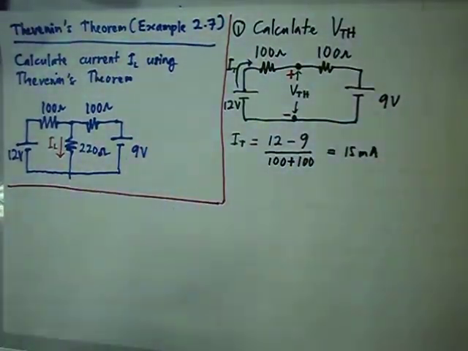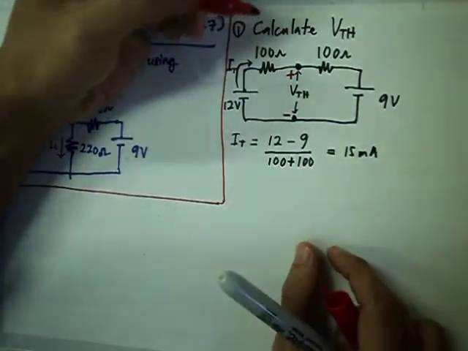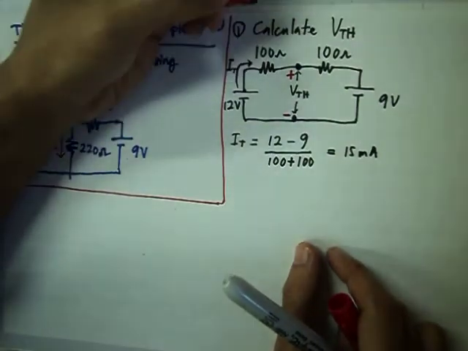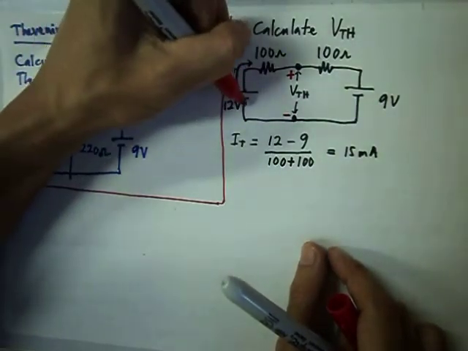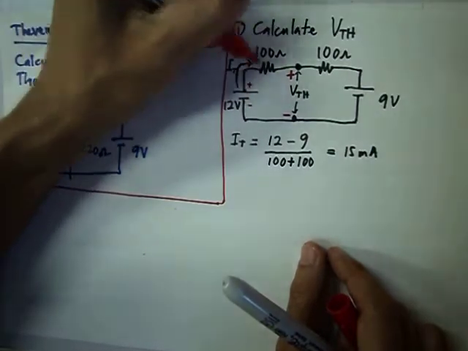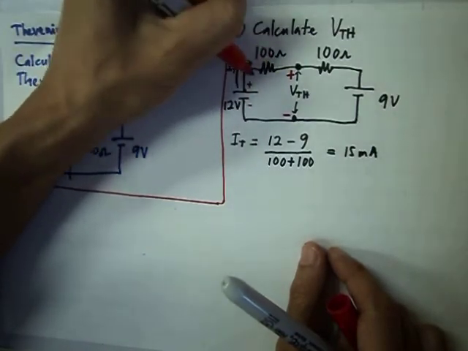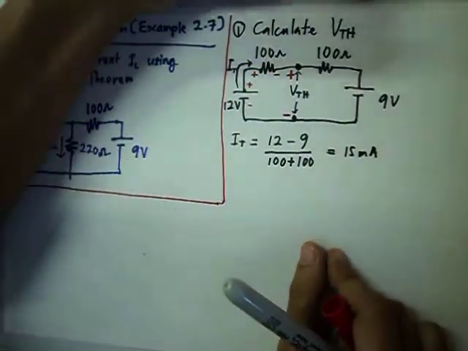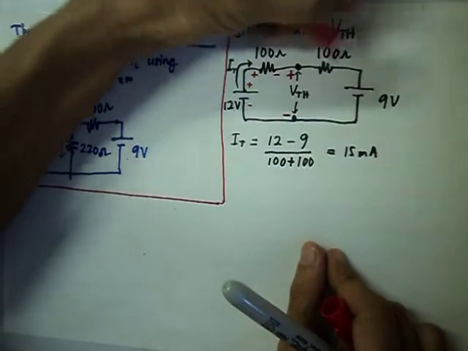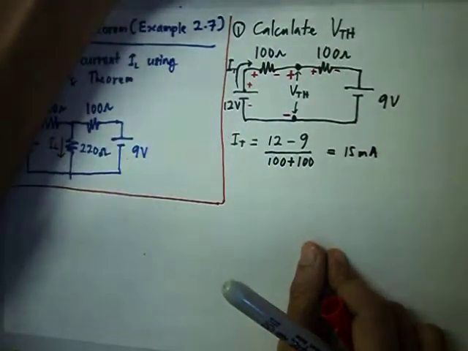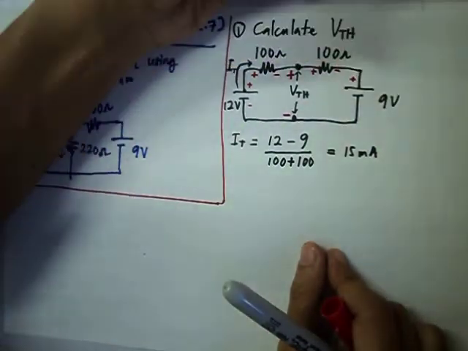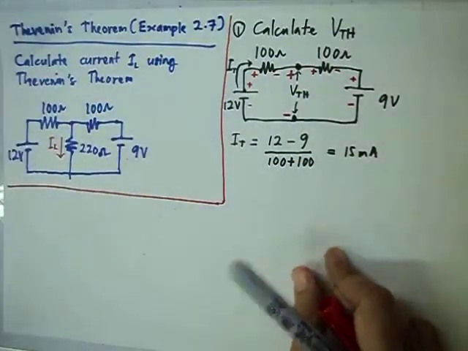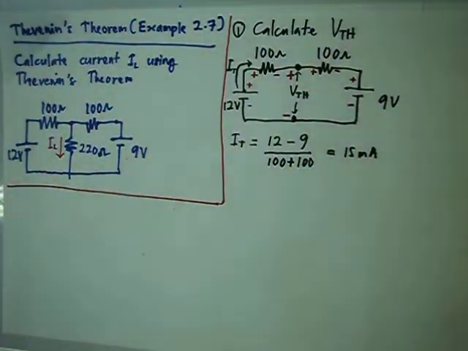Now that we know the value of the current, we may label all the voltages here. We have 12 volt here, negative and positive, and the voltage drop across the 100 ohm is positive where it receives current, negative here. IT flows in here, so this will be positive and this negative, and this will be positive and this negative.